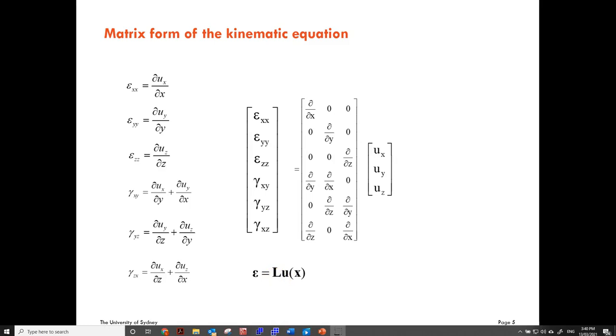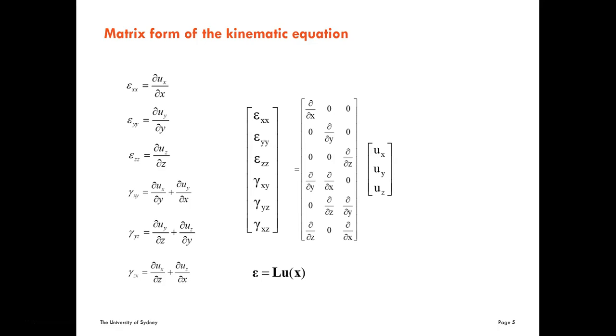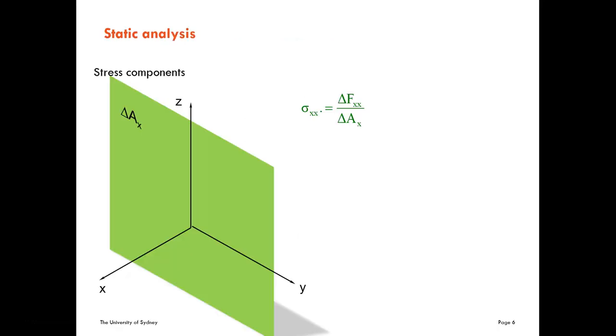Now we are going to go to the derivation of the components of the stress vector. So this is the static analysis. For the stress, I'm going to take an infinitesimal plane oriented in the x direction at a certain point in the three-dimensional space.